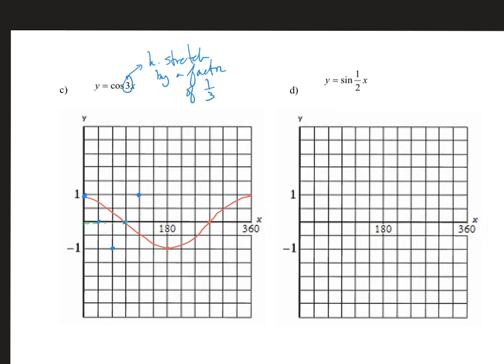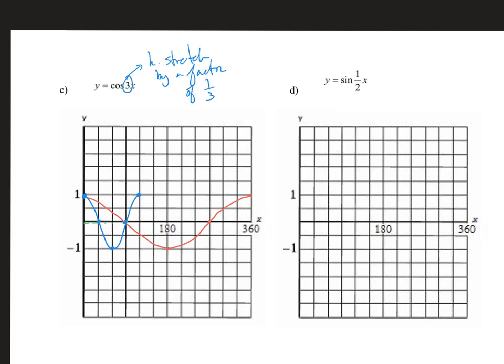You can use the grid lines. I would just be a little nervous as scales start to change. Instead, think about what the degrees would be. Now that you have all of those features, we can now connect them with our smooth curve. And there we go.